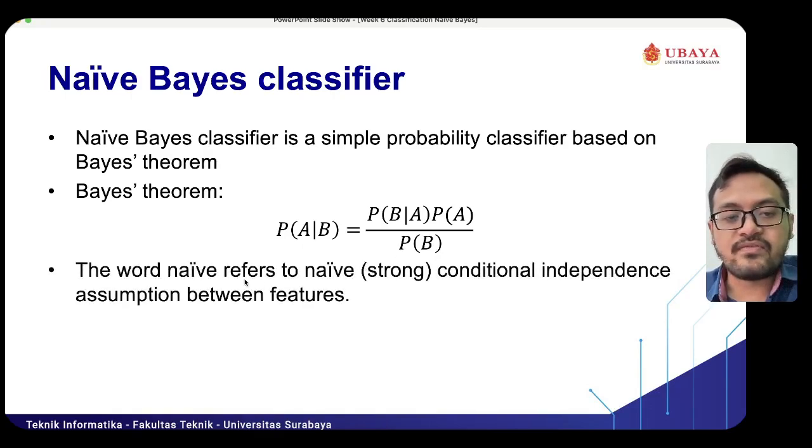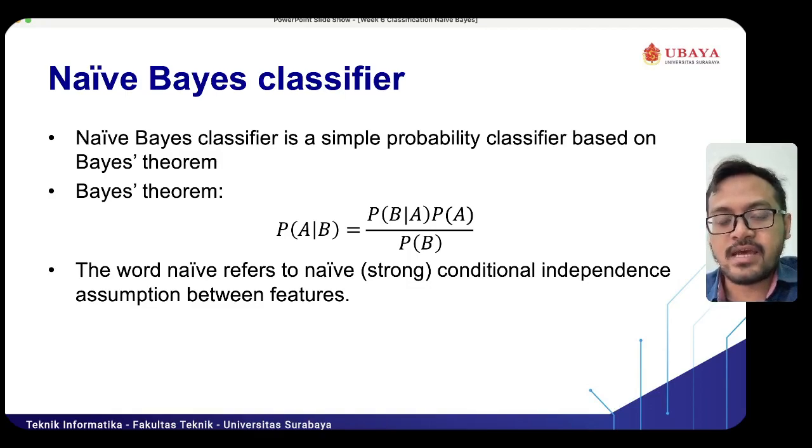The word naive refers to the naive, strong conditional independence assumption between features. It means we will assume that we have some features for classifying the data set. For example, last week we already learned how to classify the iris data set.